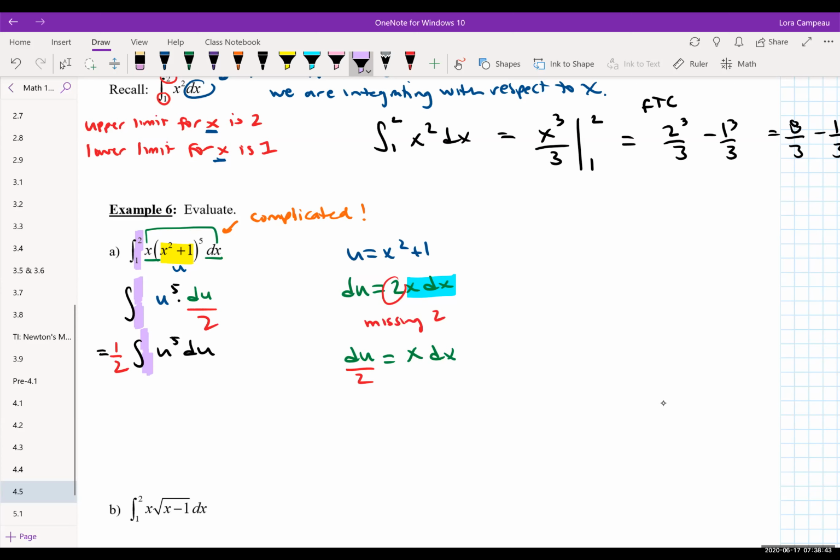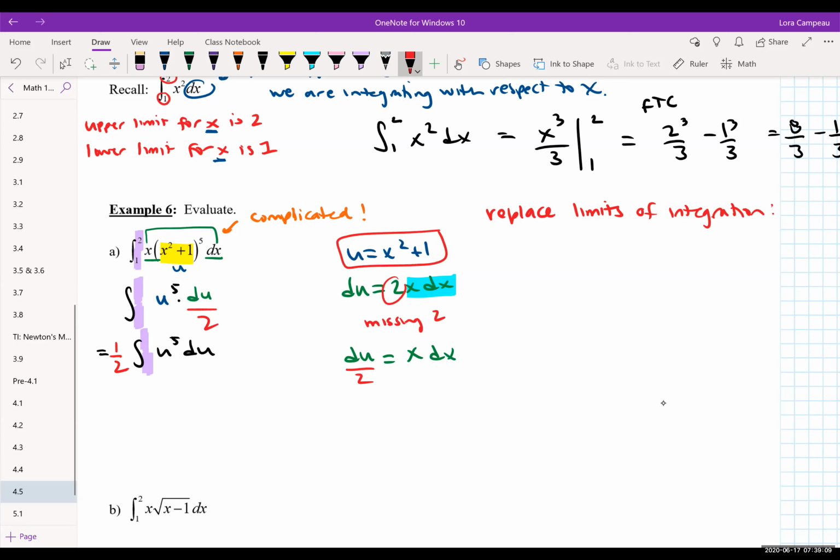If I already know what u is in terms of x, I can replace the limits of integration by substituting them into my substitution. Yeah, we can do that.